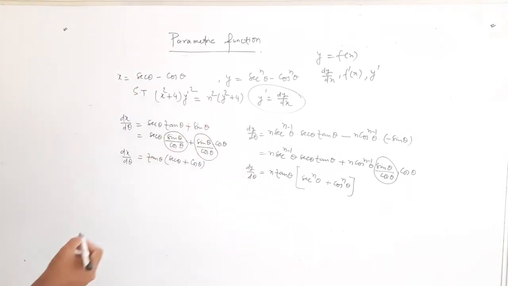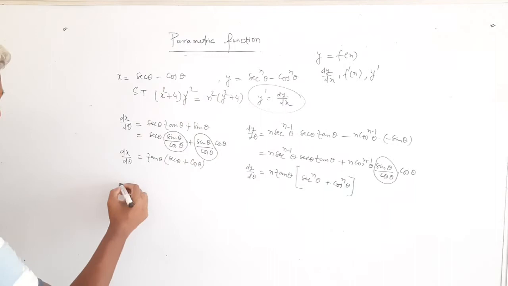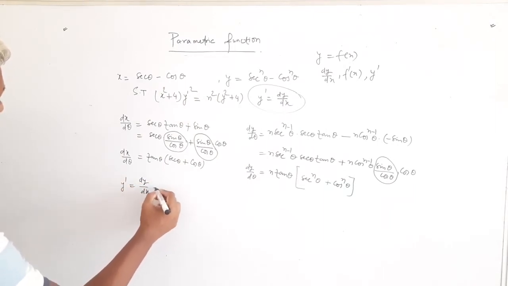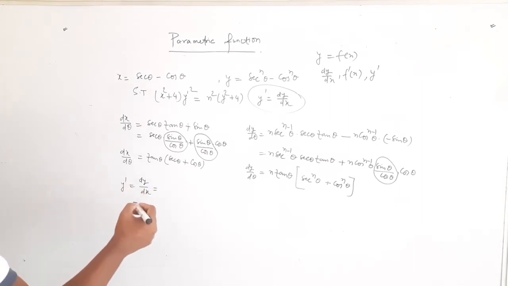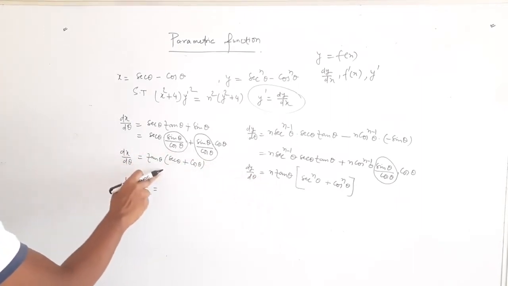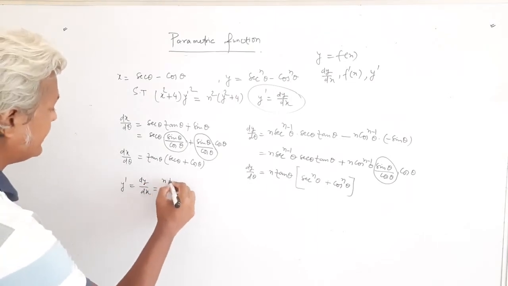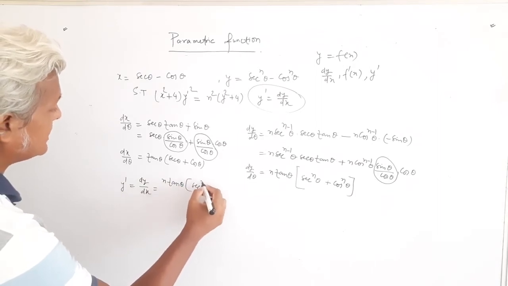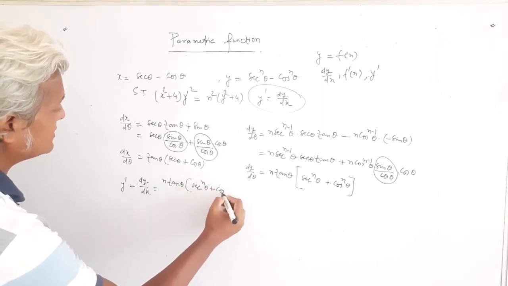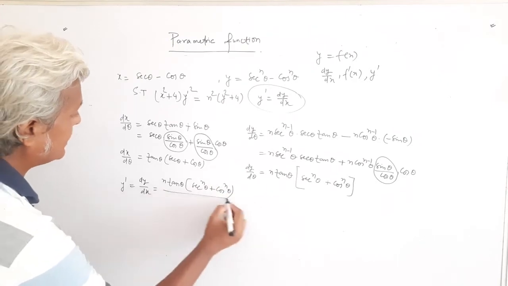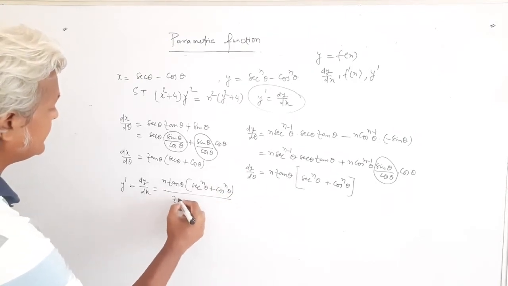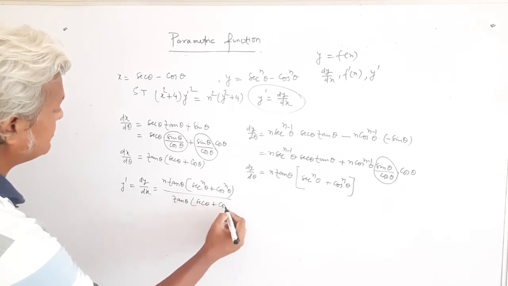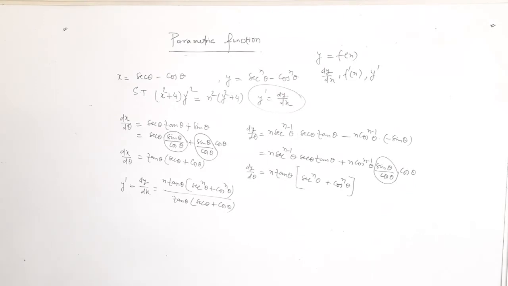Now we have to find dy by dx, that is our y dash. So y dash is dy by dx, equal to this upon this. So you see n tan theta into sec to the power n theta plus cos to the power n theta, upon tan theta into sec theta plus cos theta.